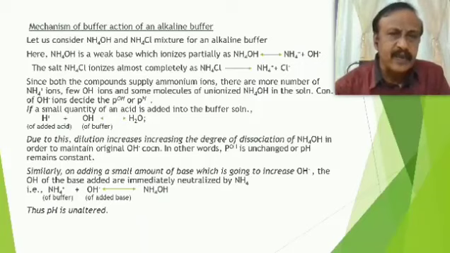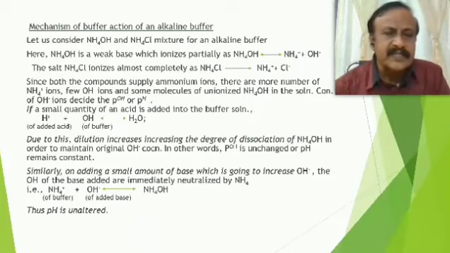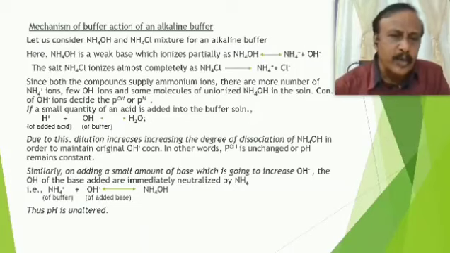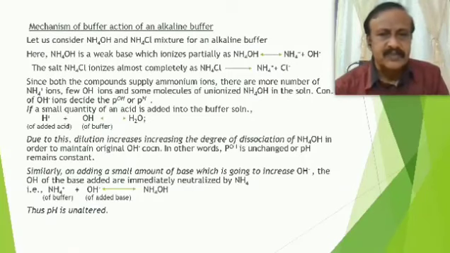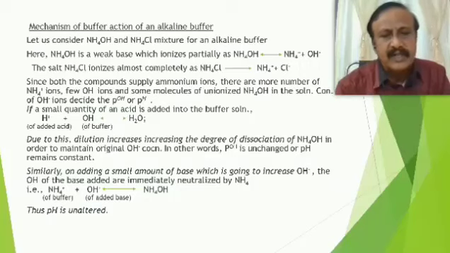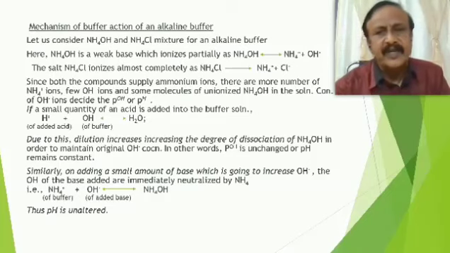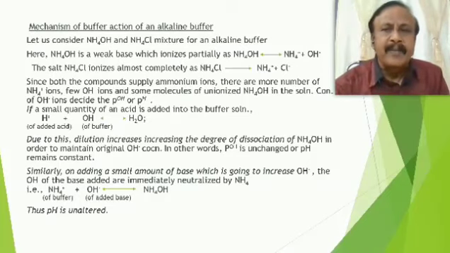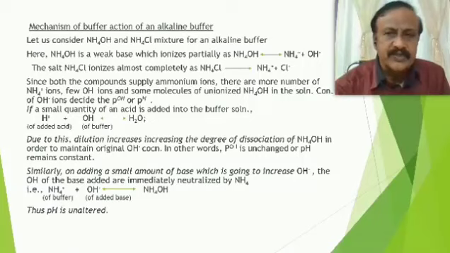So in the case of an ammonium hydroxide and ammonium chloride mixture, OH minus ions are cancelled by ammonium ions. In the case of an acidic buffer, OH minus is cancelled by H plus. Like this, we can easily explain how the buffer solution opposes any change in pH value when we add an acid or a base into that solution.